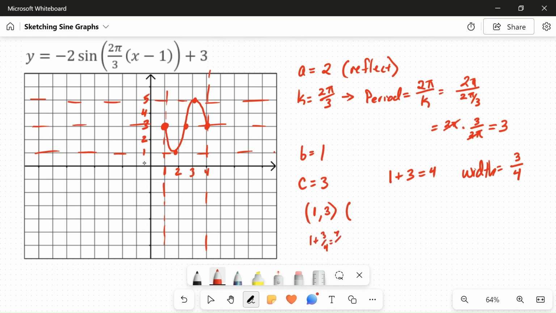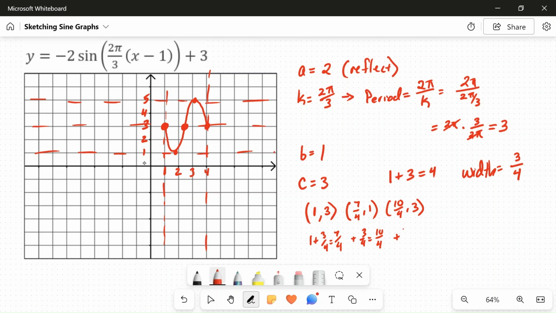That would be 7/4. So my minimum is going to be at 7/4 and a 1 for the y-coordinate. If I travel another 3/4, that's going to put me at 10/4. So the point in the very center of the graph is going to be at 10/4 and 3, because the 3 is the midline.